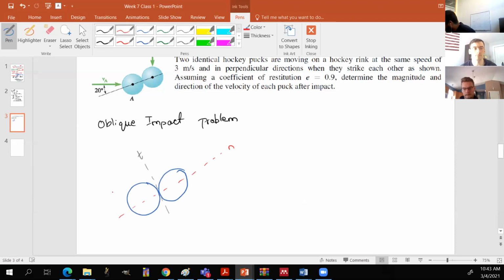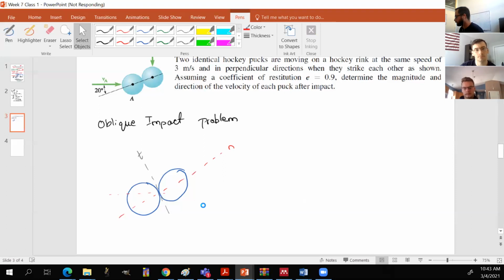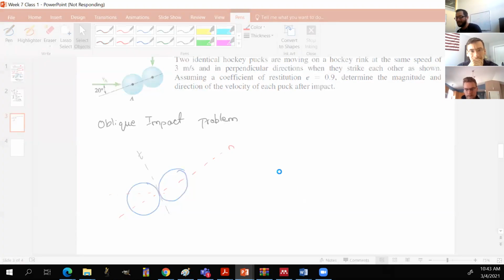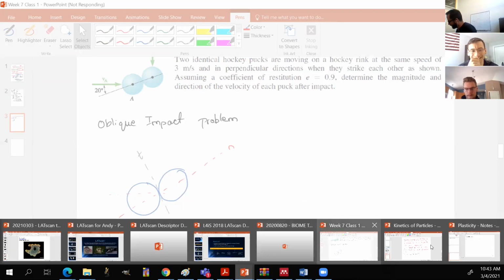Whoop, shouldn't draw that, Control Z. Oh no, oh no. Come on. RIP. This happened to me on Tuesday as well, and I had to cancel my class because all my lecture notes were in there and I hadn't saved the file. And I think I've done the same thing again. All right, fun times.